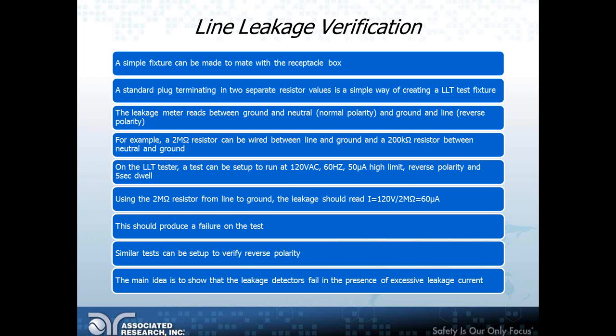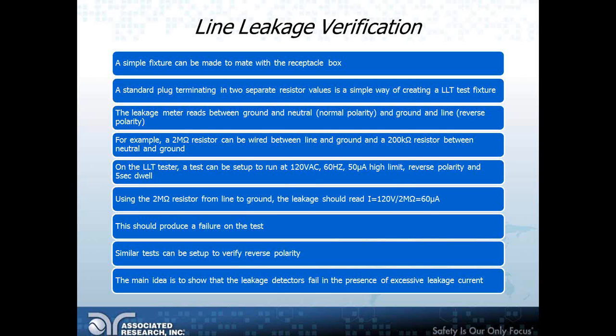The second test would be to check for a failure under normal polarity condition. So the second line leakage test will be set to run at 120 volts AC, again 60 hertz. This time we're going to set a high limit of 550 microamps, and we're going to have normal polarity, again a 5-second dwell time.